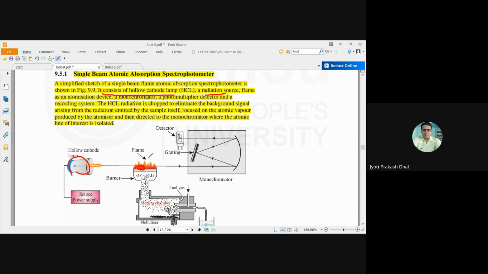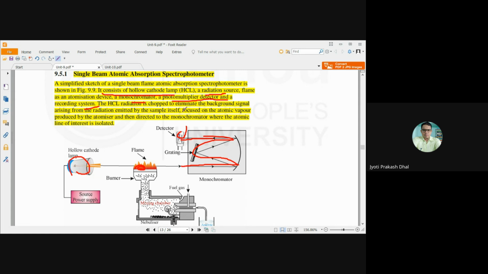After that, the analyte will be converted into isolated gaseous atoms, then a monochromator. It will pass through the grating monochromator and a photomultiplier detector, which is connected to a recording system.